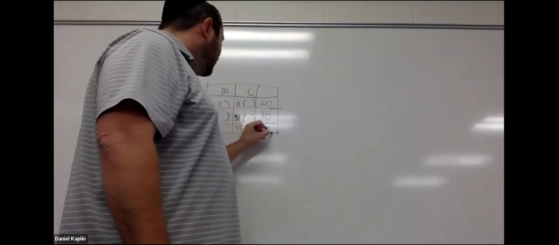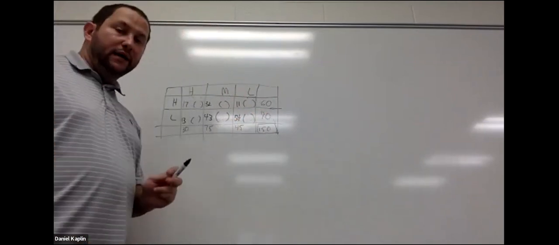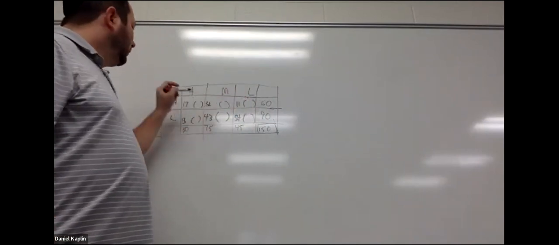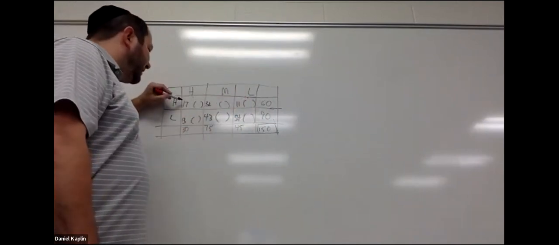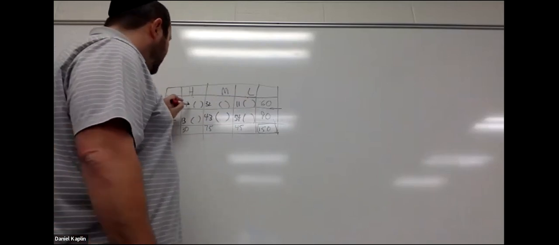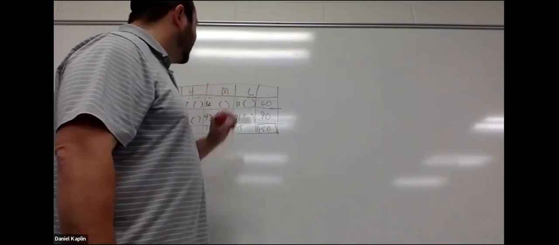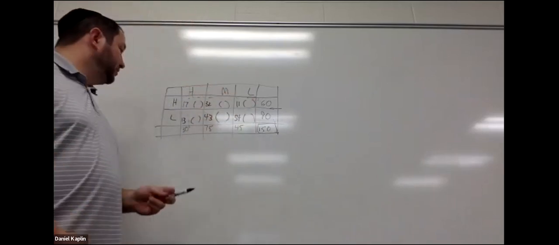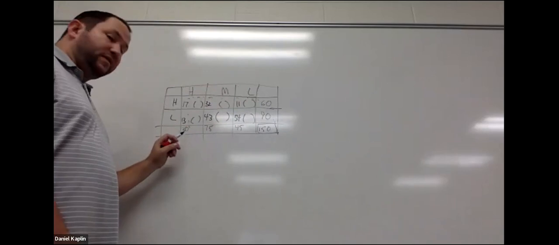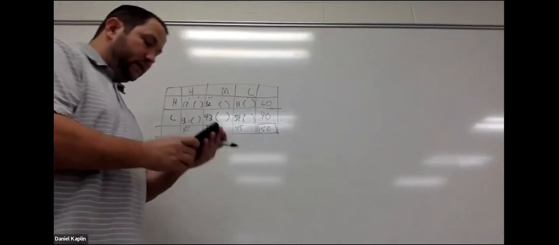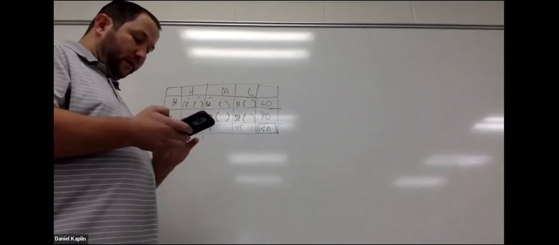Now, here's the deal. I said we multiply the row total by the column total. So if we were looking at 17, what we would do is we would go down to 30, go across to 60. We multiply those two numbers. So what's 60 times 30? 1800, 1800 divided by 150.